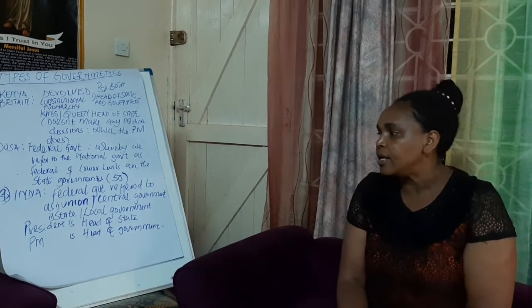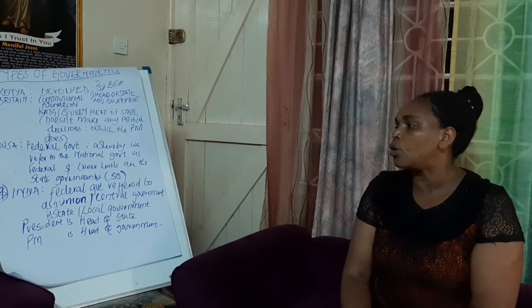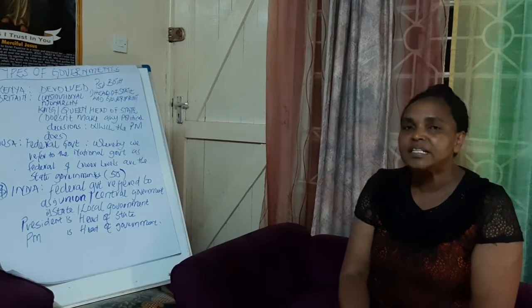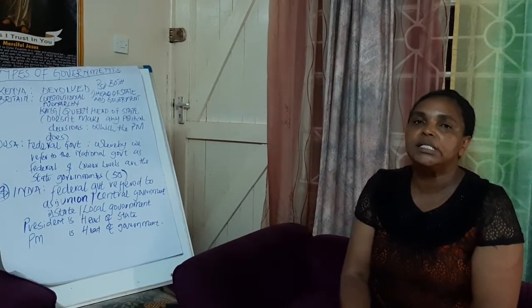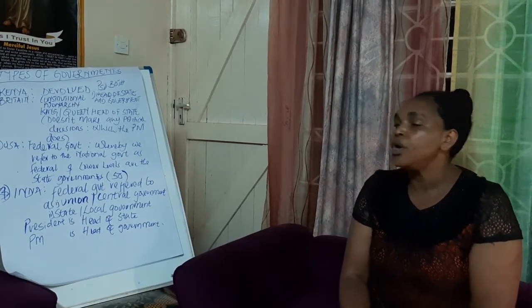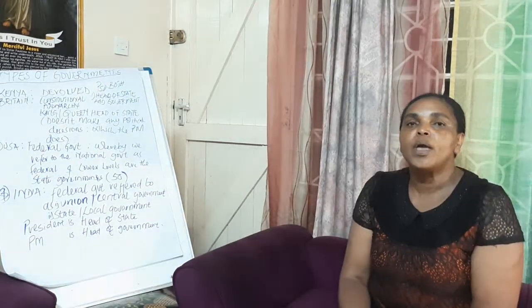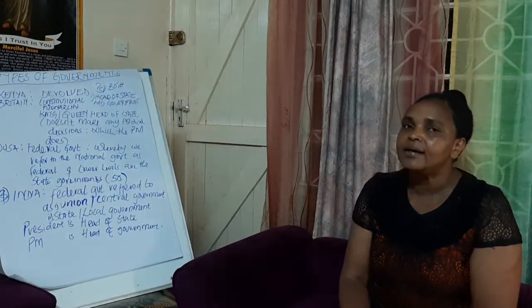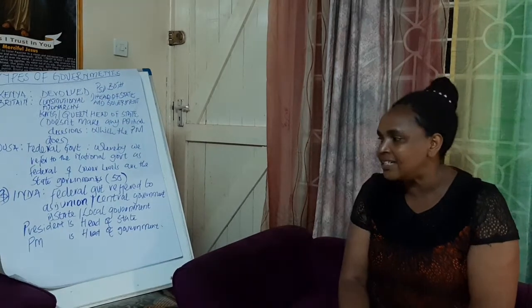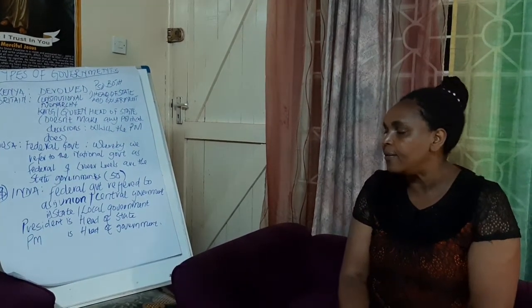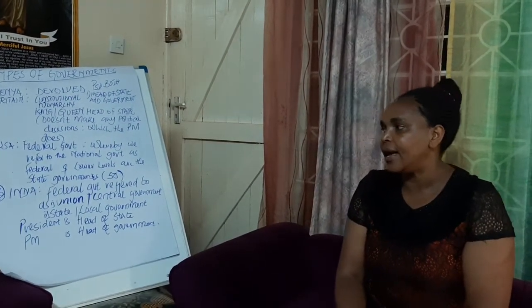The other level is the state, or what we also call the local government, which is very similar to what we have as county government in Kenya. We already said that in India, we have both the president and a prime minister. The president is the head of state, while the prime minister is the head of government.